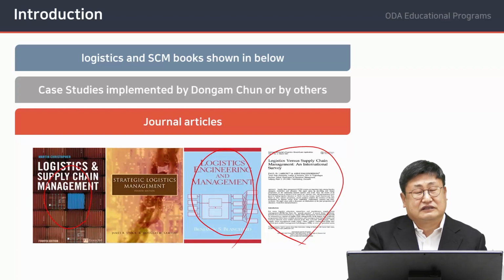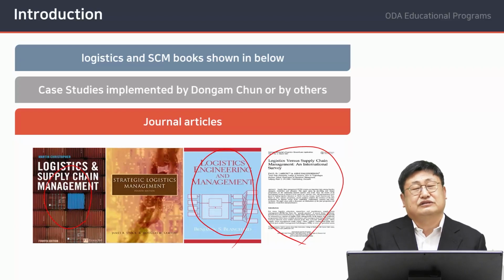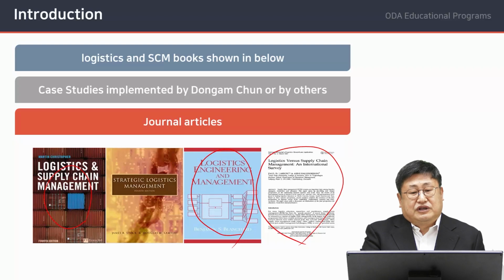There are 10 chapters spread over this course, so I try to give you some insight and first of all some understanding, and afterward you can get some idea of how to apply what you learned from my teaching to your government policy on the logistics side. I really hope you find it very useful in implementing government policy in your country. Okay.